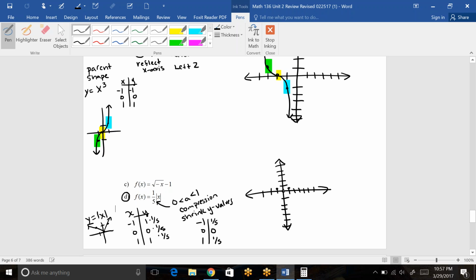So notice they're very short now. So my V looks like it's been squished vertically. It's like someone sat on it. So that is what a compression looks like. It looks like the thing has been squished down with a vertical bar. So just imagine somebody compressing it down. Is that one okay, Mariah?